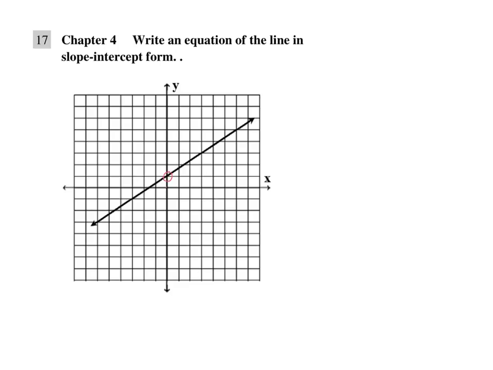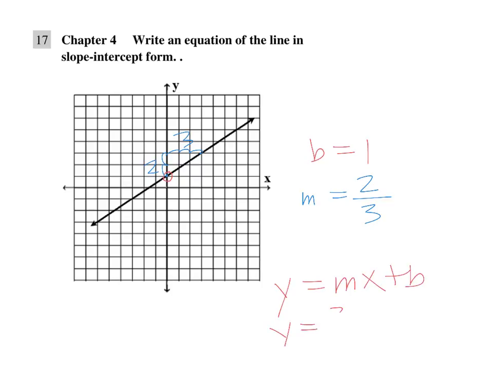Okay, here's our intercept, and that's 1. Our slope, let's see, starting from here, I go up 2, and I go right 3. So my slope is rise over run, 2 over 3. So my answer then is y equals mx plus b. Let's plug in the m, 2/3, and the b is 1. Done.